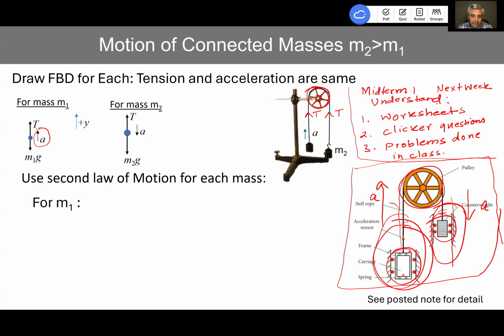Here it's accelerating, so that means net force along the vertical direction is equal to mass times acceleration. We repeat that for both masses, and that way we're going to have two equations. Those two equations can be solved for up to two unknown quantities.